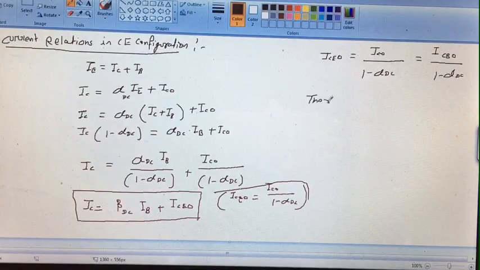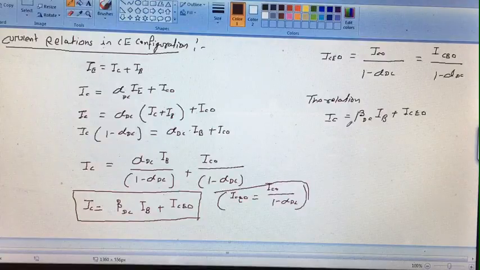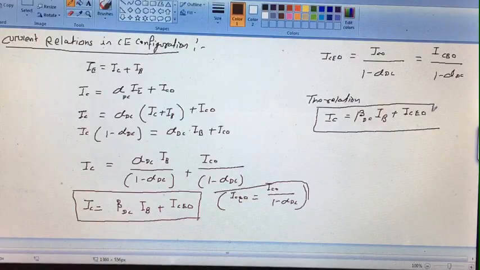The relation IC is equal to beta DC IB plus ICEO connects collector current with the base current in terms of beta DC. This is the final relationship between input and output current. Thanks.